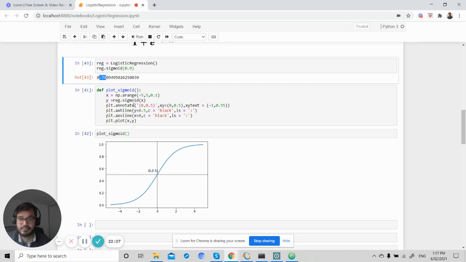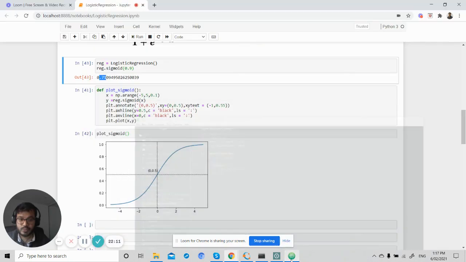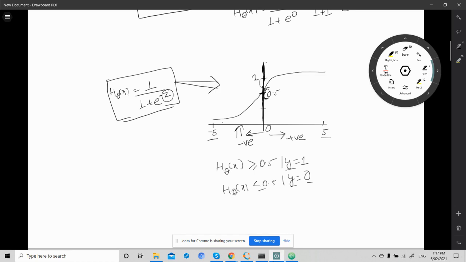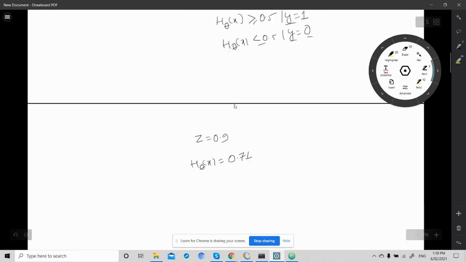What does this mean is, so if our h theta of x is 0.5 or more, then we say our y is 1.